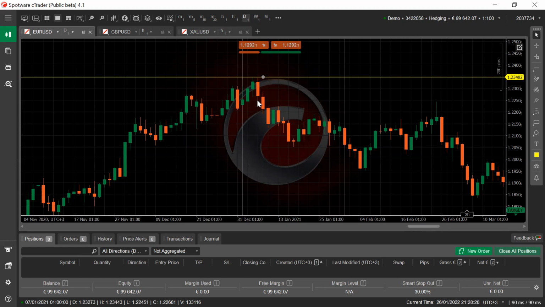But up to here, you can still see some buyers still struggling to push up. We can say that maybe after the end of this candle, at the neck here, the buyers kind of gave up.